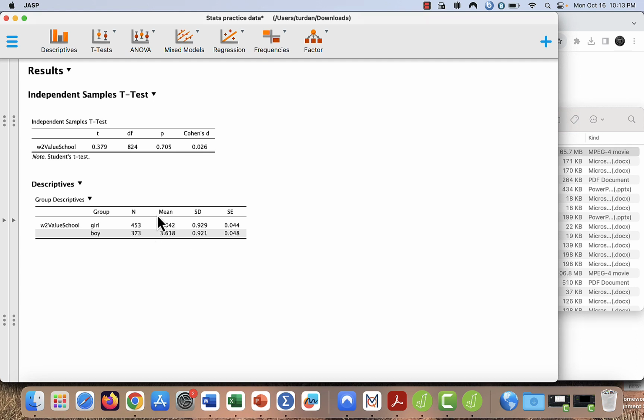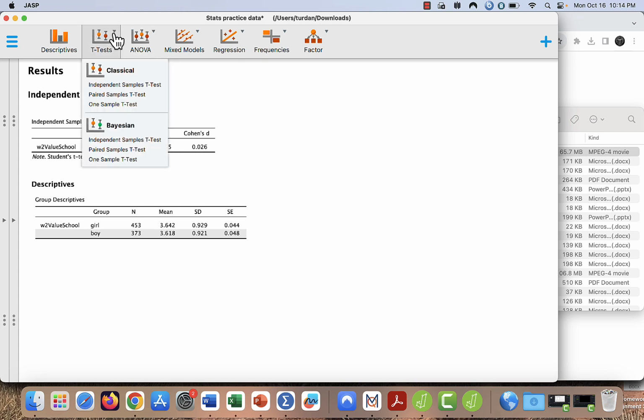Whatever little difference we see between the sample means was too likely to have occurred by chance for us to rule chance out. So, no difference between the population means, and the effect size, as measured by this Cohen's d, is really small. So not only is there no statistical significance, there's also no practical significance of these results. All right, that's how you run an independent t-test in JASP and interpret the results.